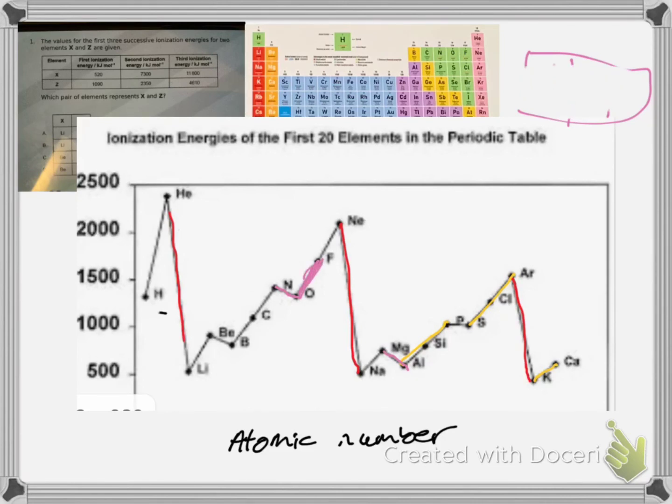So what happens between nitrogen and oxygen is that nitrogen is a 2p3, so it's going back to the first orbital. But for oxygen, it's a 2p4, same as nitrogen, but then the second orbital has an extra electron in it.